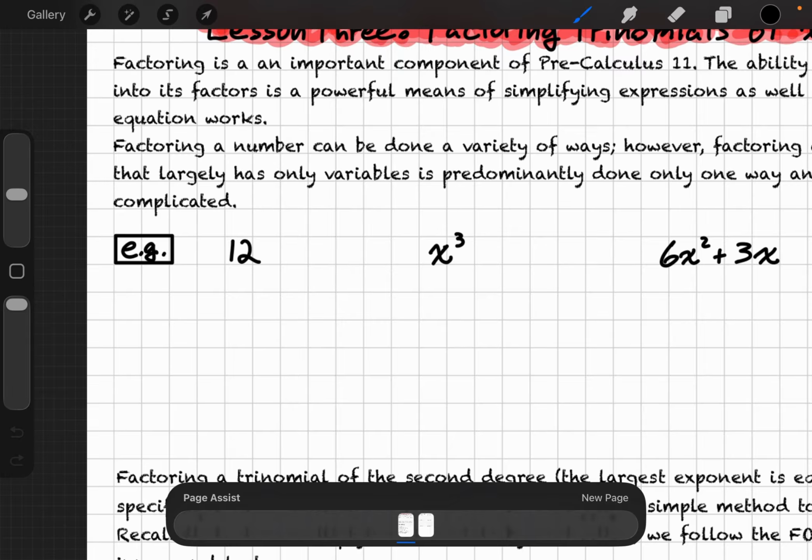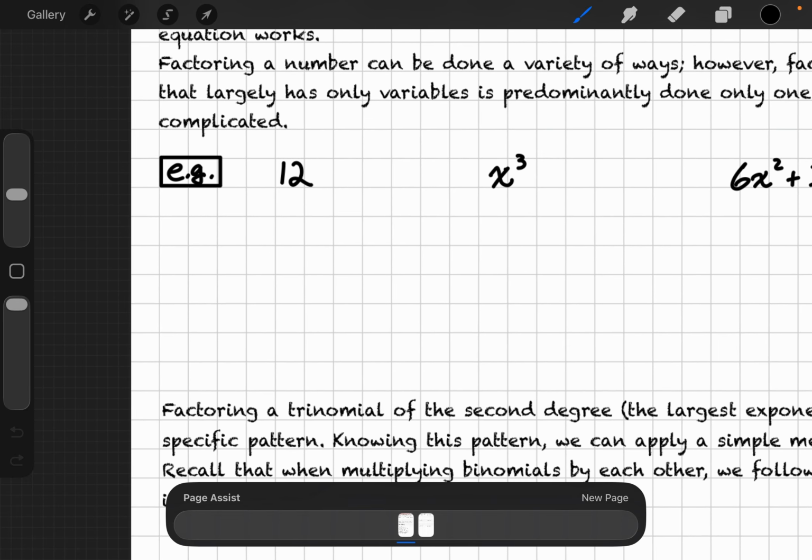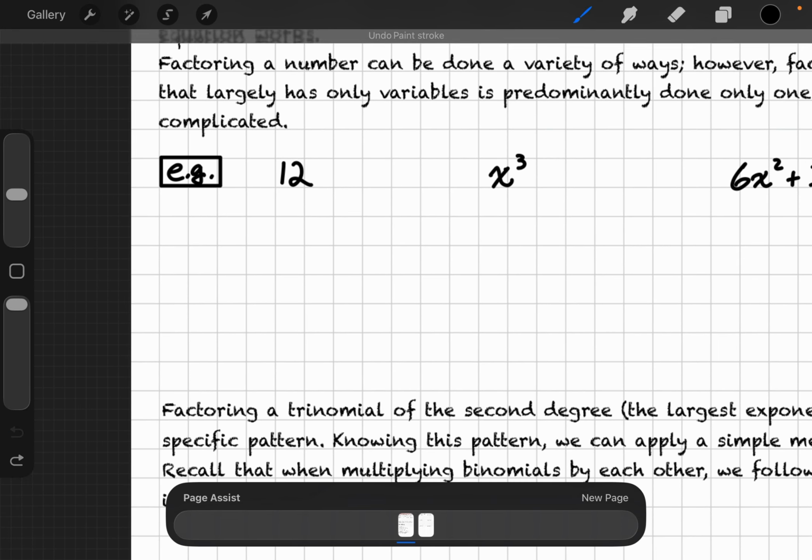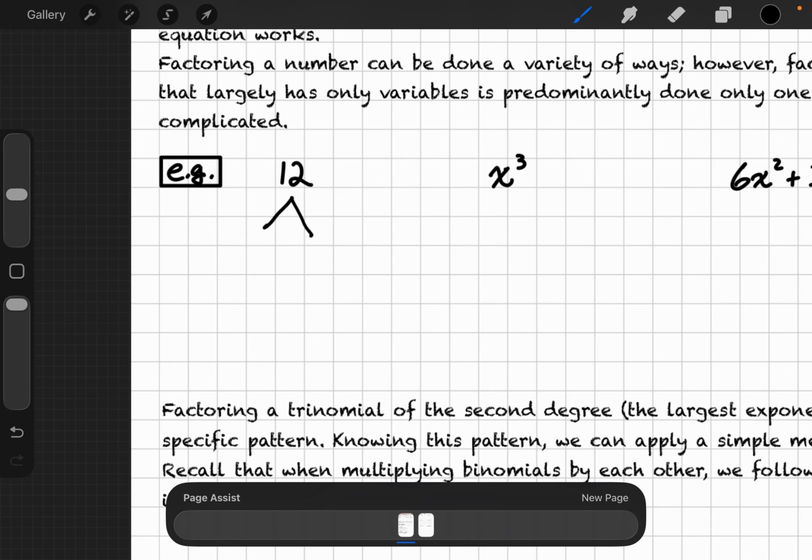First number we have is 12. We can break this down using prime factorization. So 12 can be broken down into 4 times 3. And then 4 can be further broken down into 2 times 2. This is its factor form. This is 2 times 2 times 3. All right?